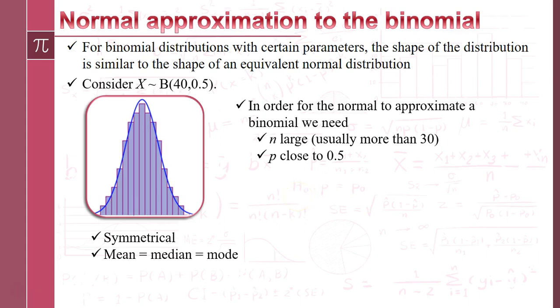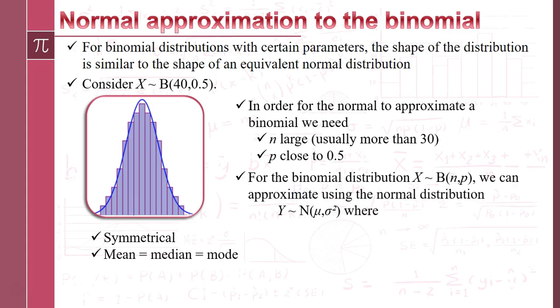Now, there's no hard and fast rules, but again, if you're being asked in the exam about whether or not it's appropriate to use normal to approximate a binomial, just look out for those two key things and make comments upon them. So what we're going to do is take our binomial distribution, our random variable is x, and we're going to come up with another random variable y, which is going to be our approximating distribution, and that's normally distributed with mu and sigma squared.